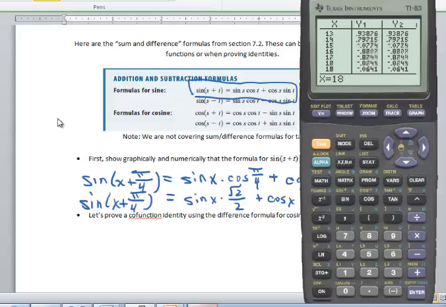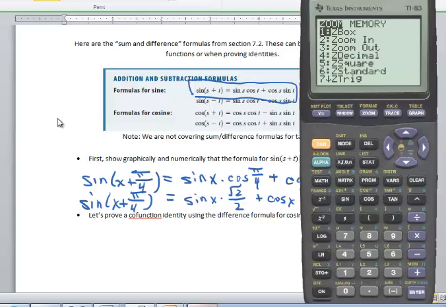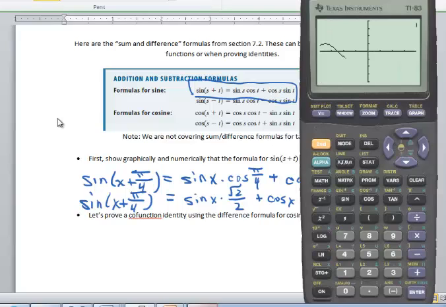They're always the same. So that's showing it numerically. And then if I want to show it graphically, what I would do is I would just graph it, and hopefully zoom trig will give me a decent window here. And there's my y1, which is the sine of x plus pi over 4, which is just the sine graph shifted pi over 4 to the left.